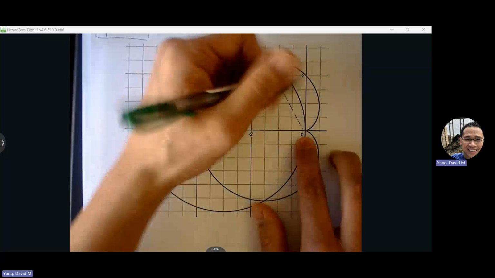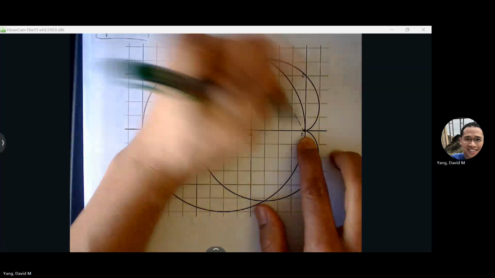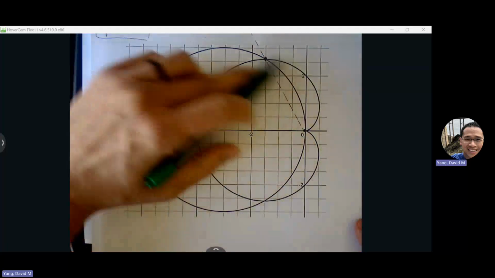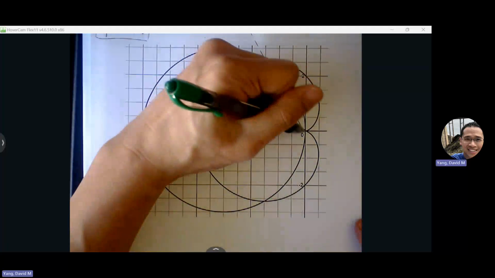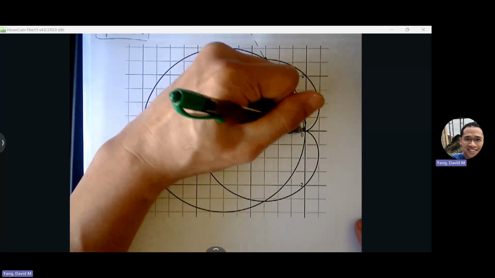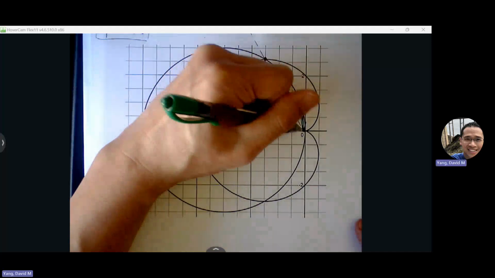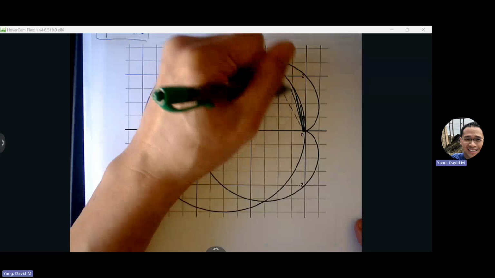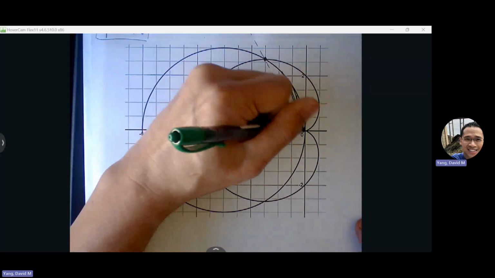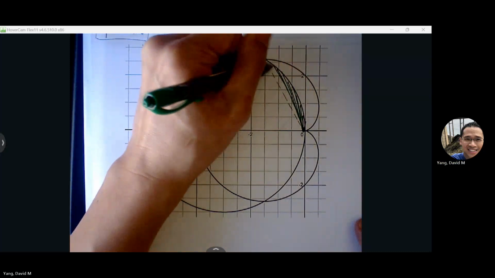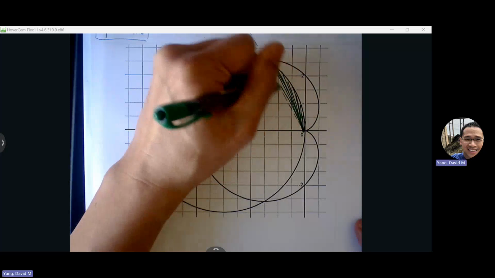The first component is having to add up the area that involves the circle, but we're basically accumulating all these infinitely thin sectors up until that dotted line.